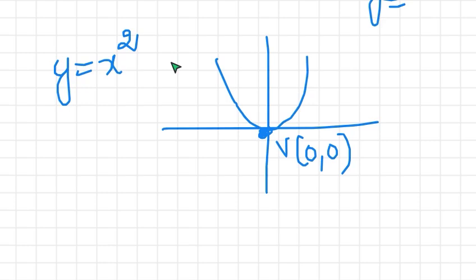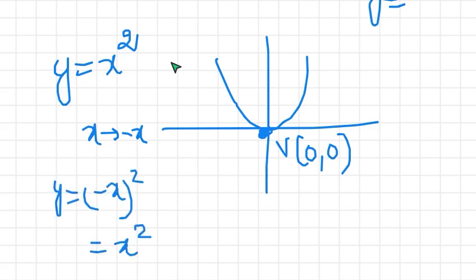See, if x changes to minus x, the formula is still the same. X square only, right? So symmetric about y-axis.